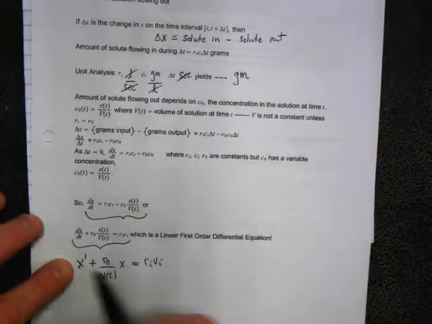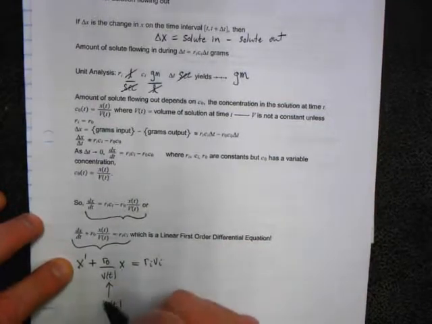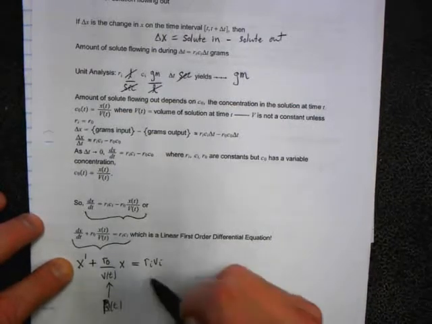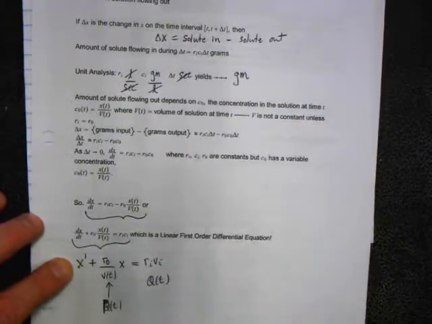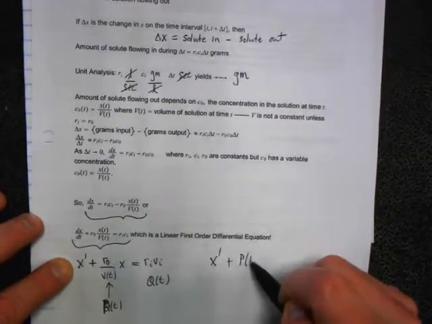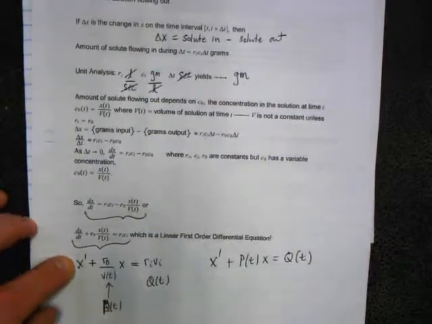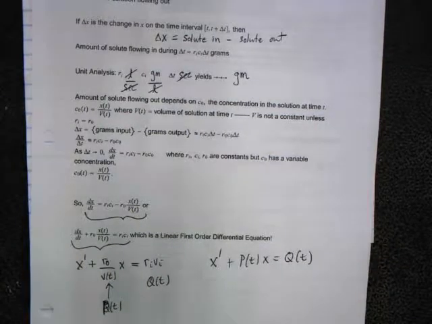This is x prime, that one we call p of t, and this one's q of t over here. So this is in the form x prime plus p of t x equals q of t. We end up with a linear differential equation that we can solve.